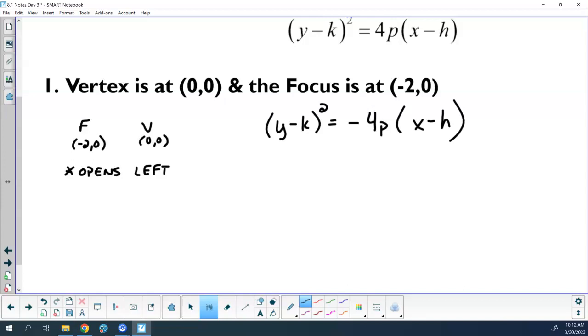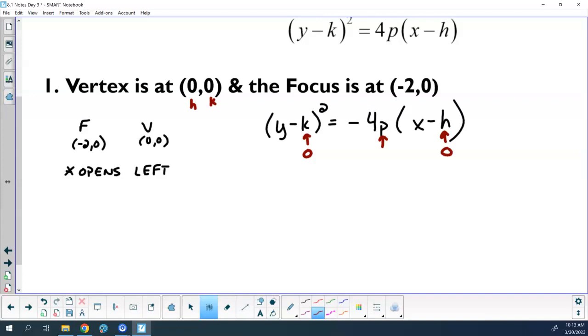I now just need to fill in my k, my p, and my h. Those are the three things that I need to find. Two of them are given. Which two? K and h, right? They're both 0 because our vertex is at the origin. So the vertex is h and k there. So those two are both going to be 0.